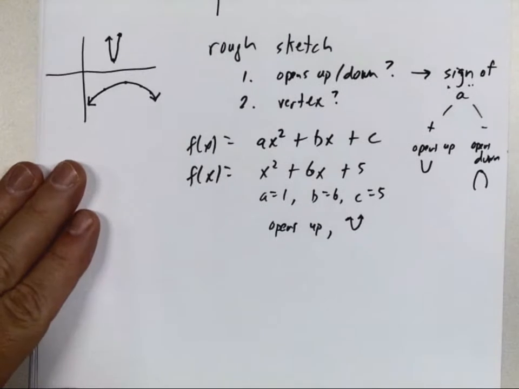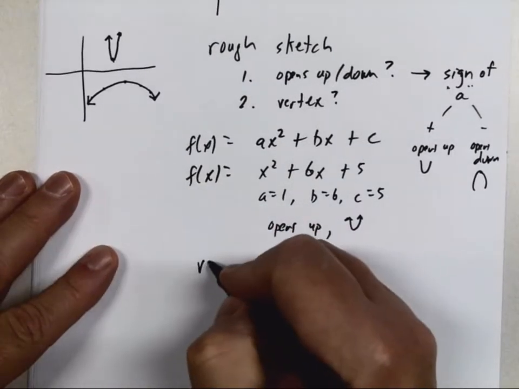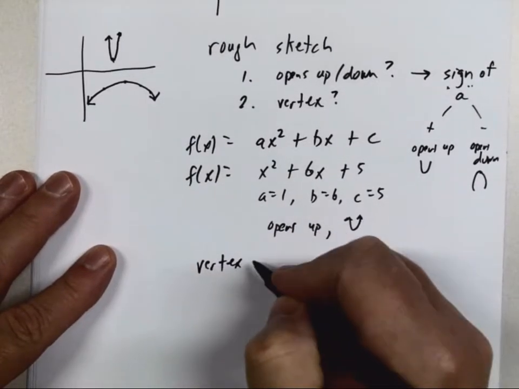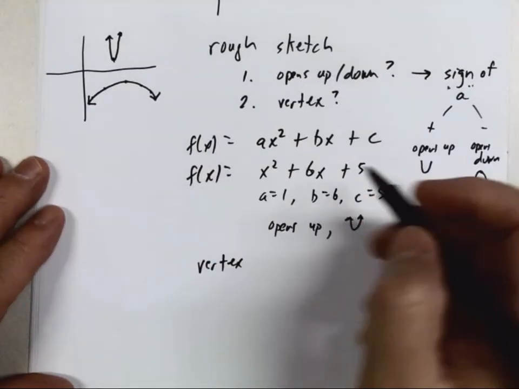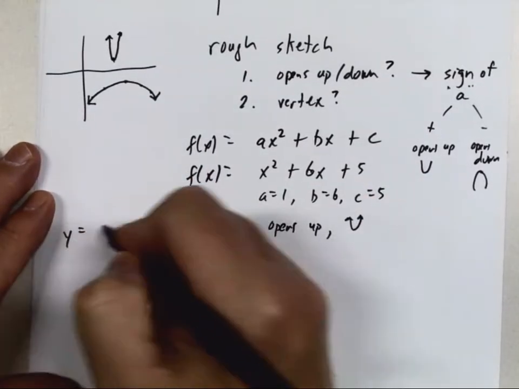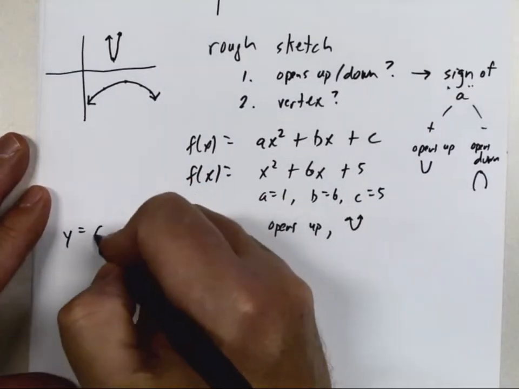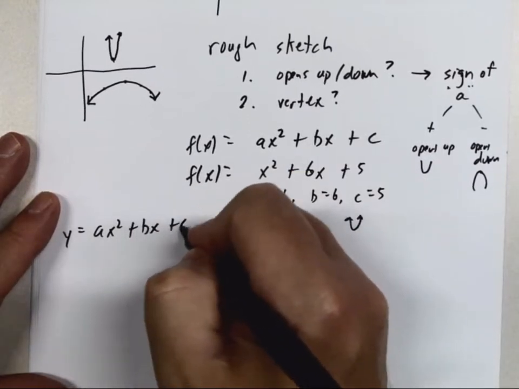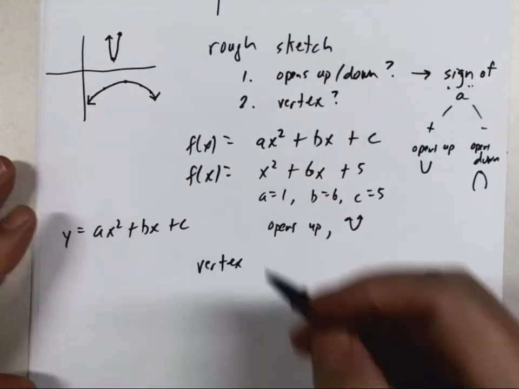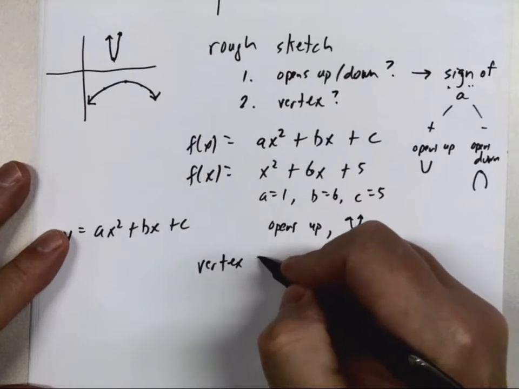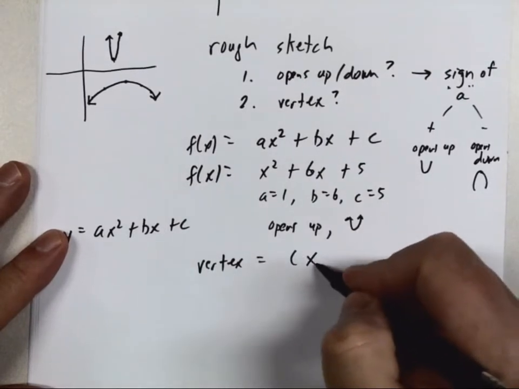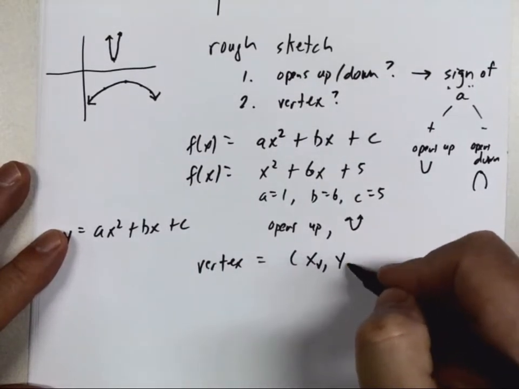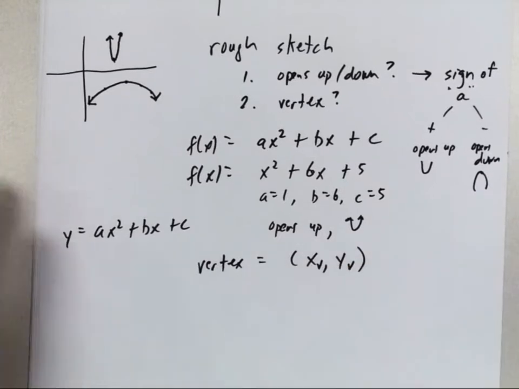Now the vertex. Let me rewrite this equation as y instead of f of x, which we can do, right? F of x and y are interchangeable. So I'm going to call the vertex a point. The x of my vertex, I'm going to call x sub v for x of vertex.